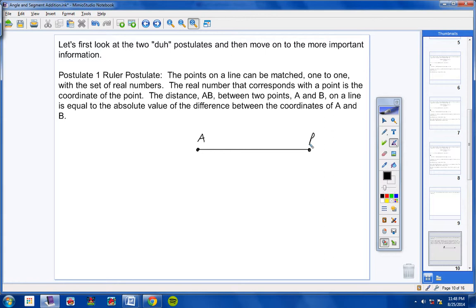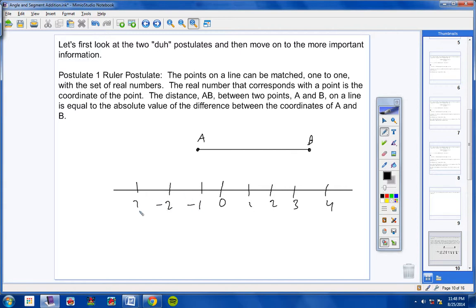Now again, please don't take notes on this. I'm going to be really, really brief, okay? If I have a segment here and I have a number line, and I'm going to put a 0 here and a 1 and a 2 and a 3 and a 4, and I'm almost done. We're not going to spend a lot of time on this postulate at all, okay?